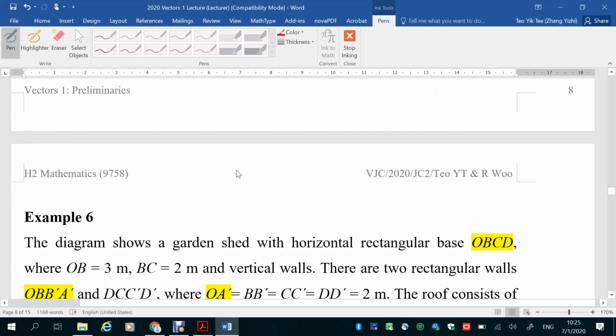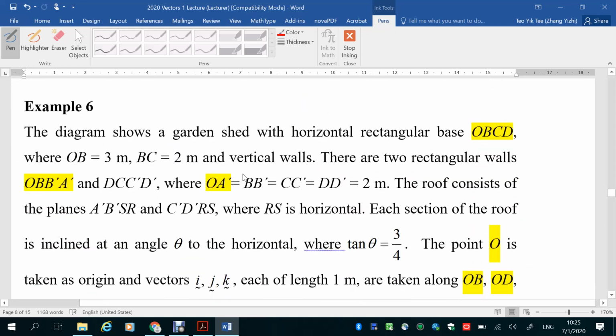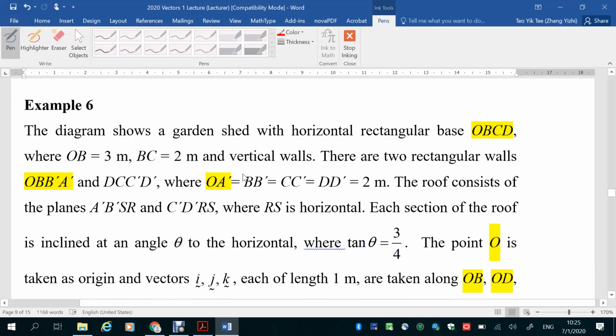Still okay? Okay, I need you to do some changes to your lecture notes. Look at the portion highlighted in yellow. Basically what I have done is I have changed your A to O. Can you please make the amendment?